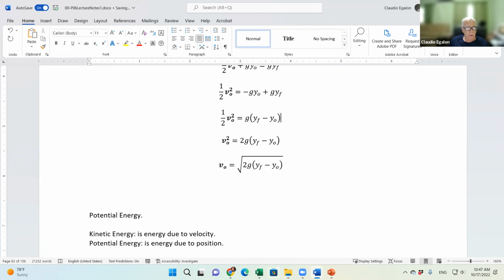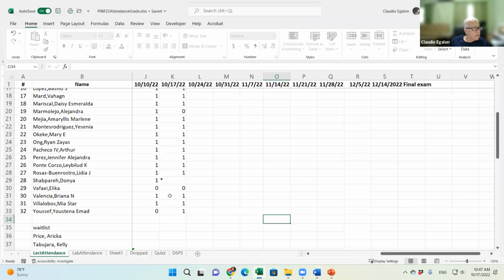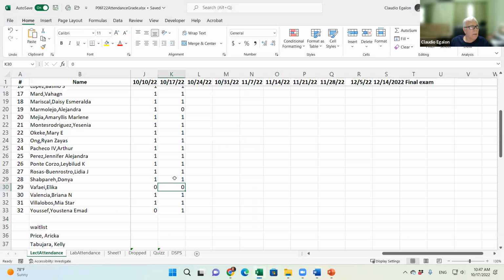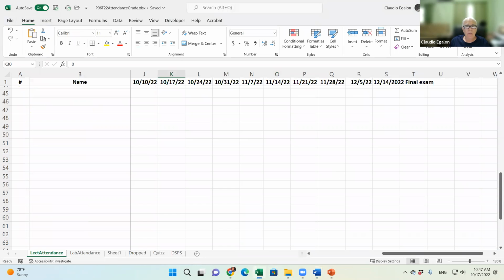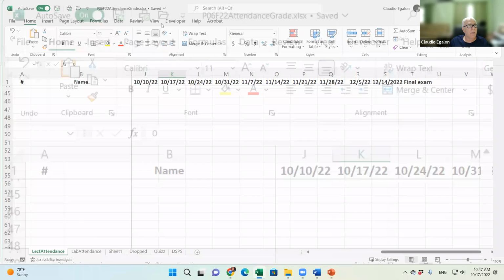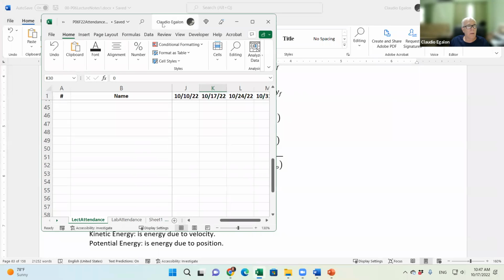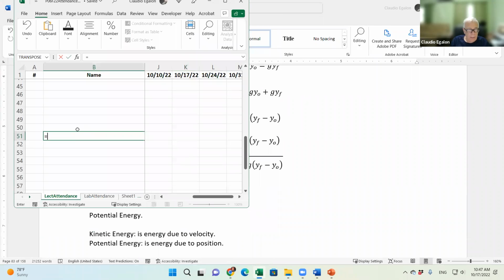Let's do the math. And Donnie is here, right, Donnie? Go. So let's do the math. Equal square root of 2 times 10 meters per second squared times 4.8 minus 1.2 meters.